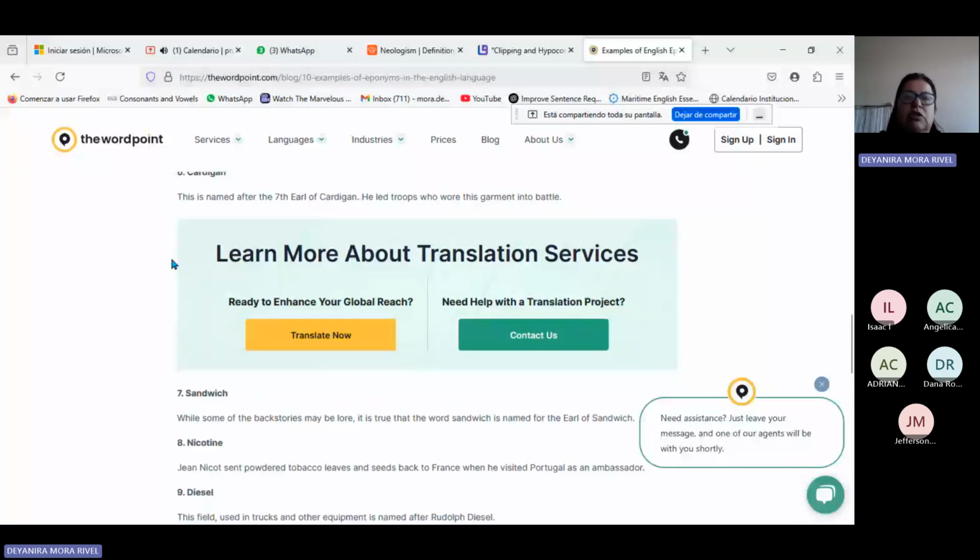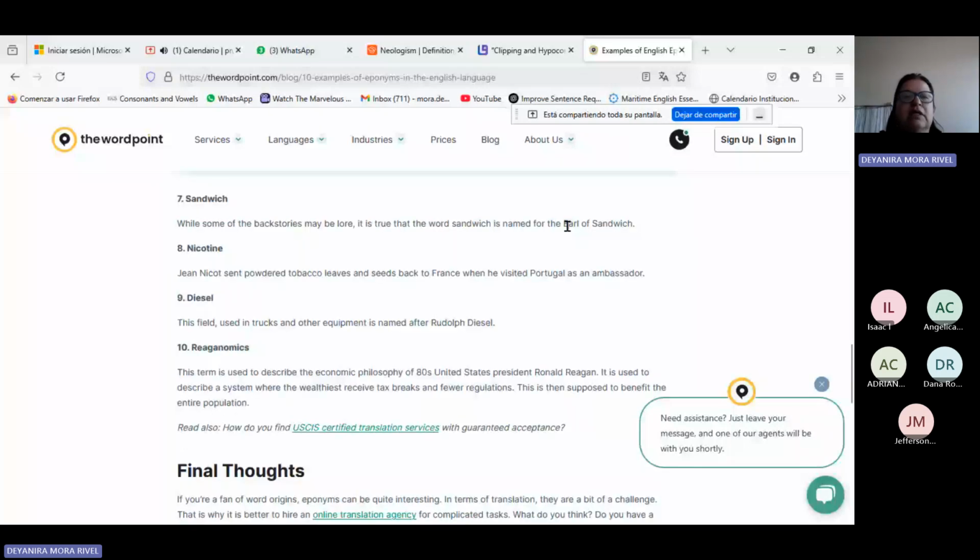Okay, I don't know. The cardigan also, which is a sweater. The sandwich is because of the Earl of Sandwich. See, this is something that we don't know, right? That the word sandwich, so simple, comes from someone's name.